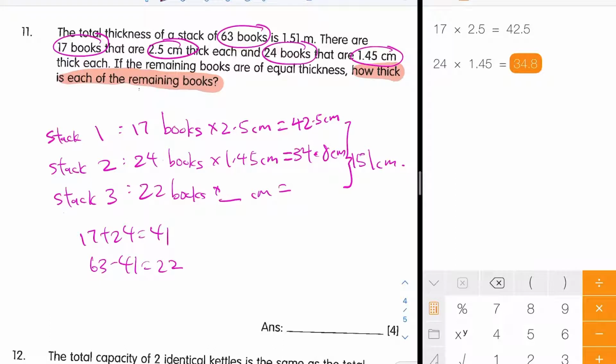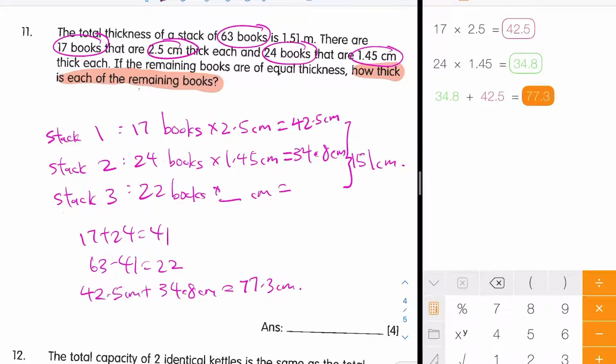We have 42.5 cm plus 34.8 cm. This will give you 77.3 cm. So the thickness of stack 3 is 151 cm minus 77.3 cm, which would be 73.7 cm.